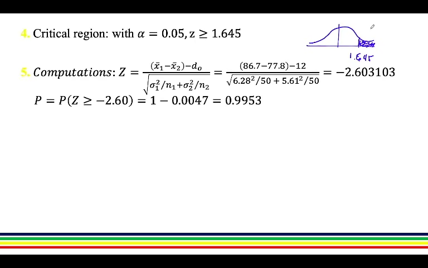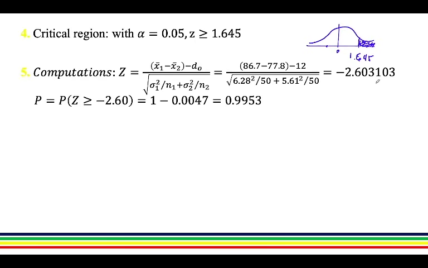And with that, we receive the value of negative 2.603103. So where does this value fit into the graph of the curve? It is somewhere here, the left side of the origin. And so, what will be our conclusion?